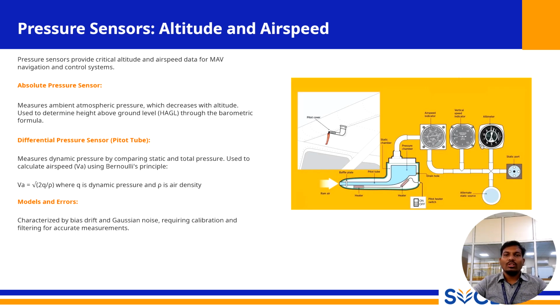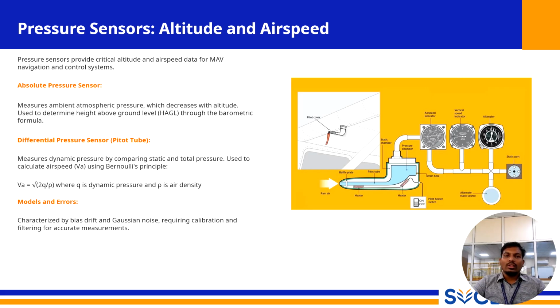By measuring the local air pressure, the MAV autopilot can calculate its current altitude. This barometric altitude is often more stable and responsive to vertical changes than GPS altitude, which makes it a critical input for tasks like terrain following and maintaining a constant height.